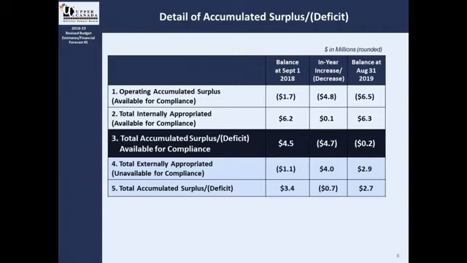It really focuses on operational issues. Finally, line 5 is a summary of lines 3 and 4 and represents the combined amounts available and unavailable for compliance. So the board is forecasted to end the year with a cumulative surplus balance of $2.7 million.